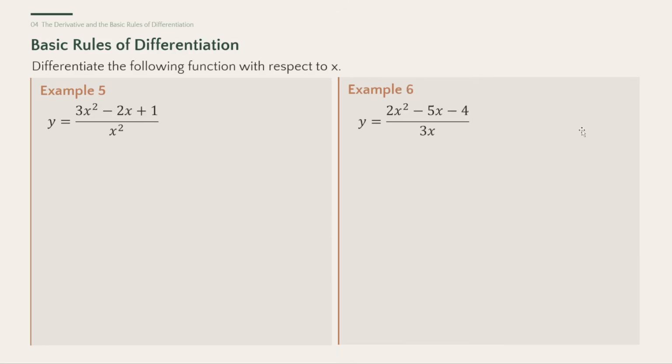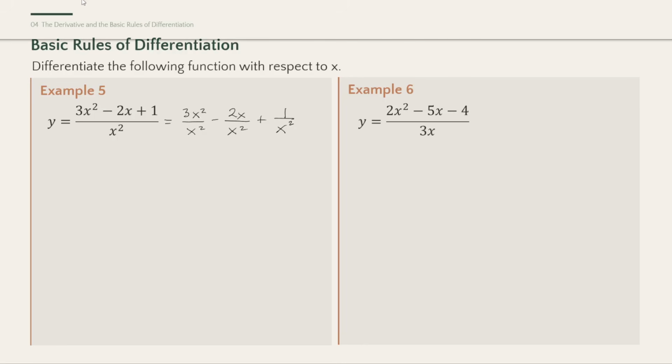Now, what if you have a quotient, but there's only a single term on the denominator? In this type of problem, we can separate the fractions. There are similar problems like this on last topics where we separate, for example, 3x squared over x squared minus 2x over x squared plus 1 over x squared.